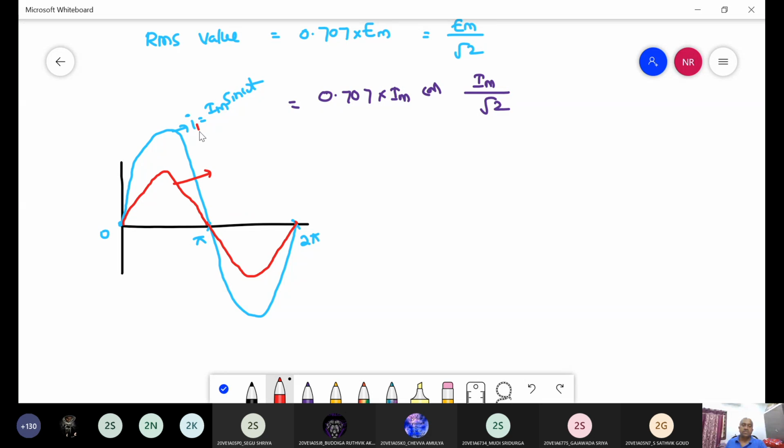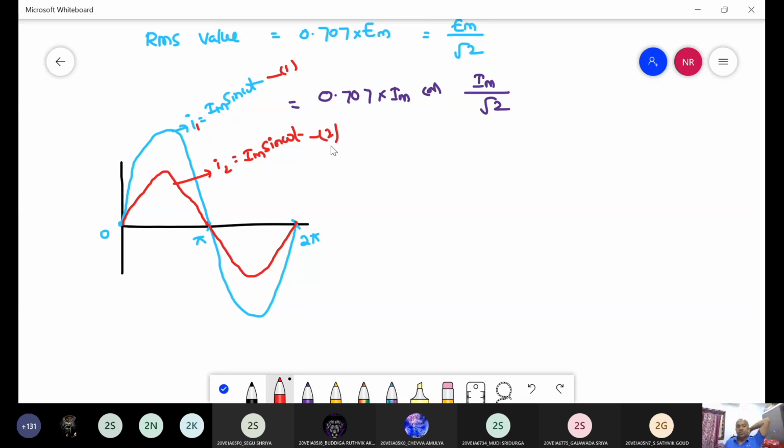Here it is I1 or I2. Those may be two alternating quantities; they may be voltage, or current, or a combination of voltage and current, but they must be alternating quantities, right? So here I2 is equal to Im sin omega t. This is one alternating quantity, and here is another.